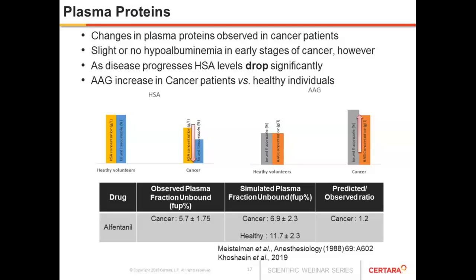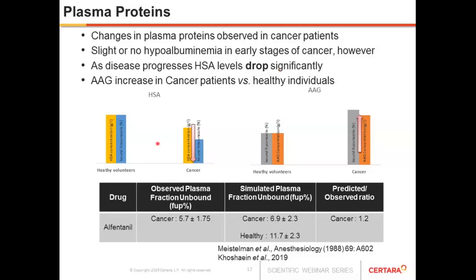Interestingly, for albumin, you might not see any changes in the earlier stages of cancer, but as disease progresses, this can drop significantly. In terms of alpha-acid-glycoprotein, this can increase in cancer patients versus healthy individuals.